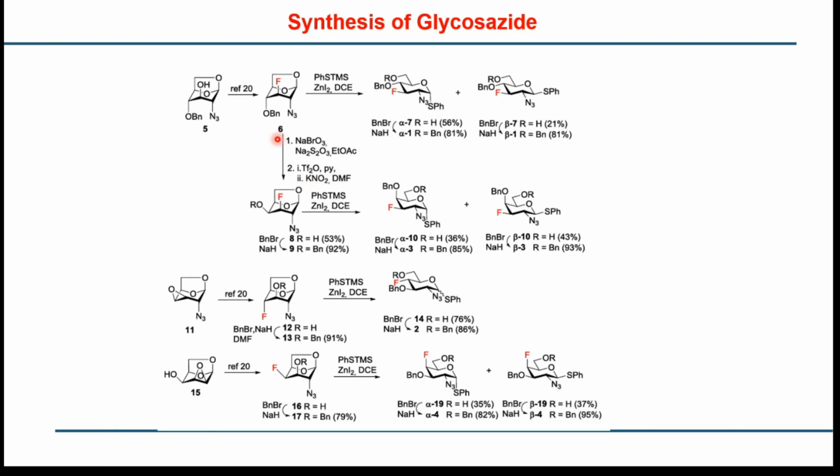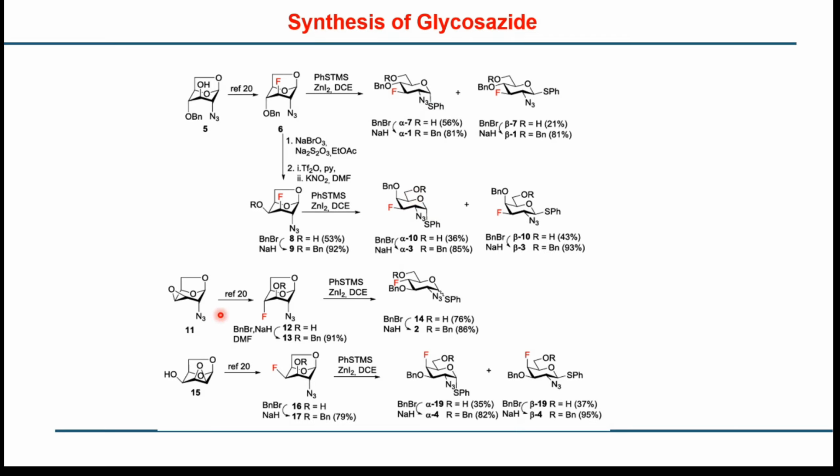Once the orientation of the hydroxy group changes, then they opened up this acetal group by using the same condition, phenyl trimethylsilyl sulfide and zinc iodide. So here they were able to separate out alpha and beta in both cases, glucose and galactose thioglycoside donor.